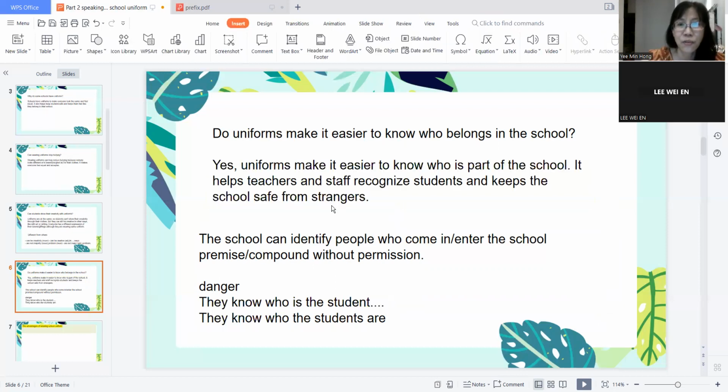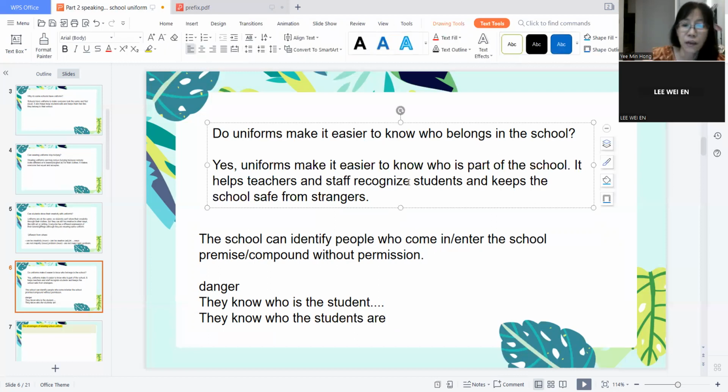Okay, let's review some of the ideas that you have mentioned. So can you read out this one? Yes, uniforms make it easier to know who is part of the school. It helps teachers and staff recognize students and keeps the school safe from strangers. Okay, recognize, what's the meaning of recognize? To identify. Right, identify. So learn more words.